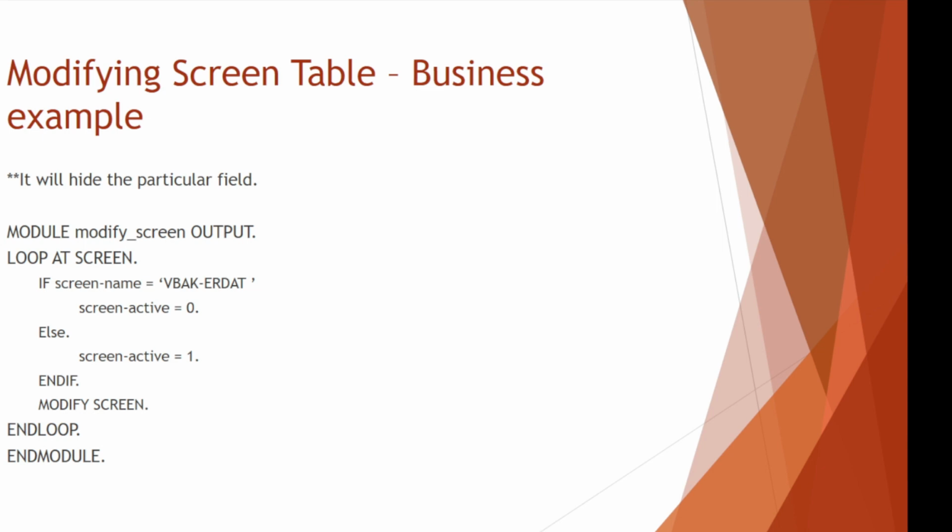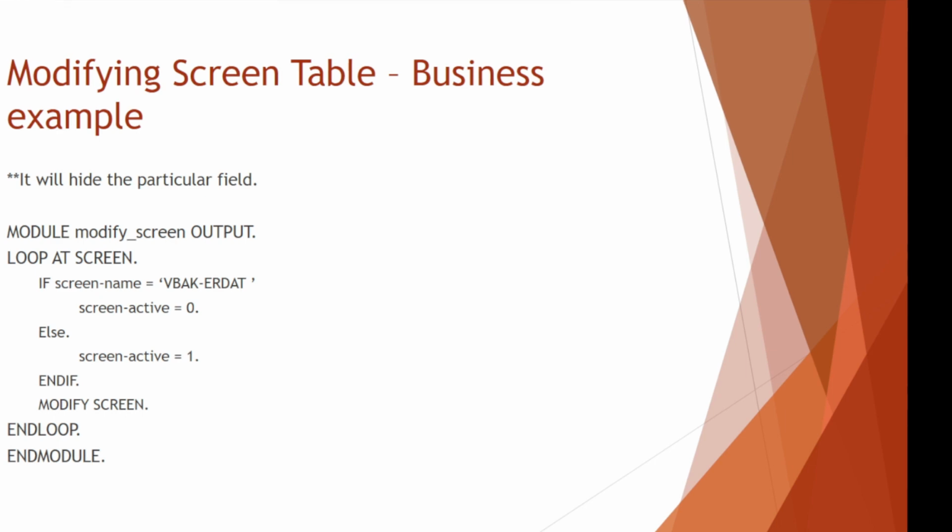In this statement we use a module, MODIFY_SCREEN_OUTPUT. Modify screen is the name of the module, and after that LOOP AT SCREEN, as we discussed earlier. In the LOOP AT SCREEN we are checking the name of the field. SCREEN-NAME has the value of the field element of the screen.